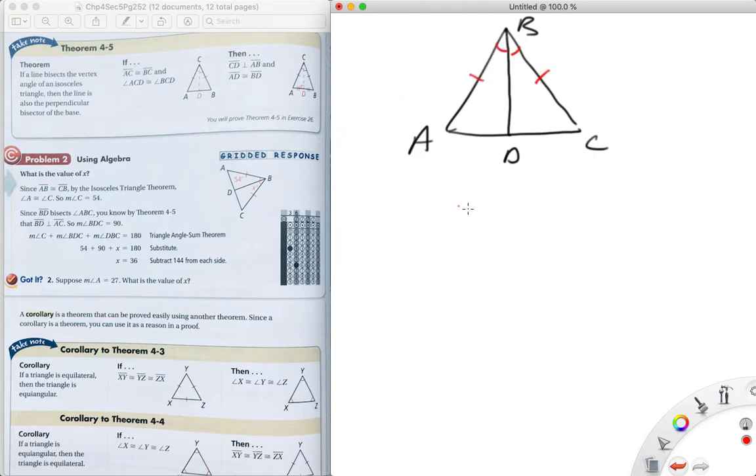So this sets up the situation for making this a perpendicular bisector. I'm told that A is 27, so this guy is 27. What is the measure of X? And X would be right here.